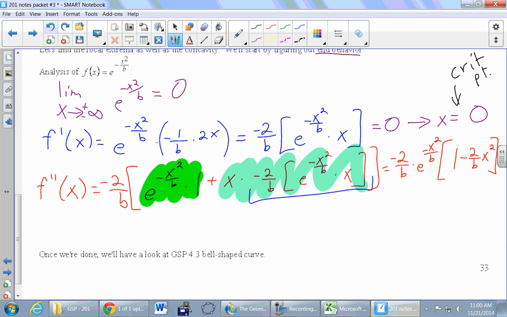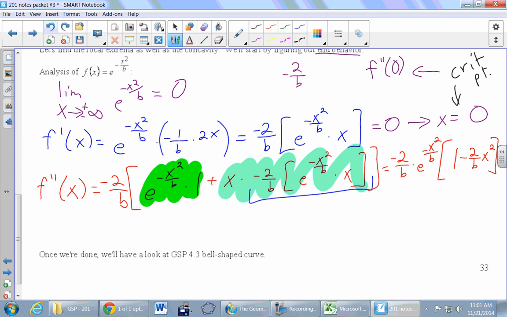So continuing on up here, we're going to find f double prime of 0, our critical point. And so we're plugging 0 for both of the x's in this red formula here at the end. So the negative 2 over b I'm copying. Negative 2 over b. Calculators aren't going to help us here. This becomes e to what number?